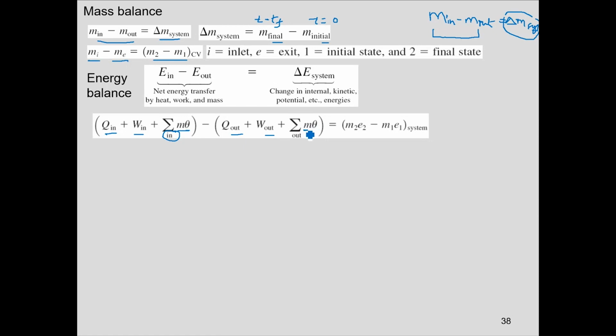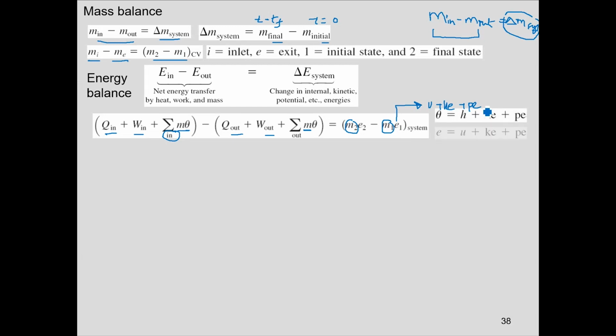Again, this is also constant. What is not constant is basically the mass at the initial state and the mass at the final state. This is the energy of the system. Energy of the system E1 is basically the energy due to internal energy plus kinetic energy plus potential energy. So this small e represents the energy content with regards to mass having these three energies.